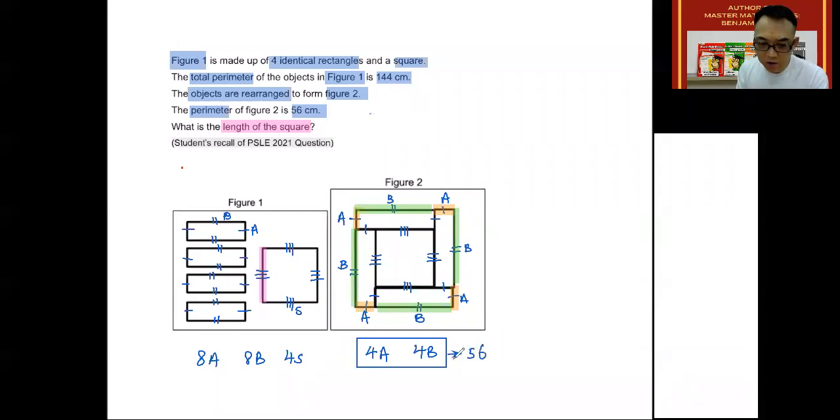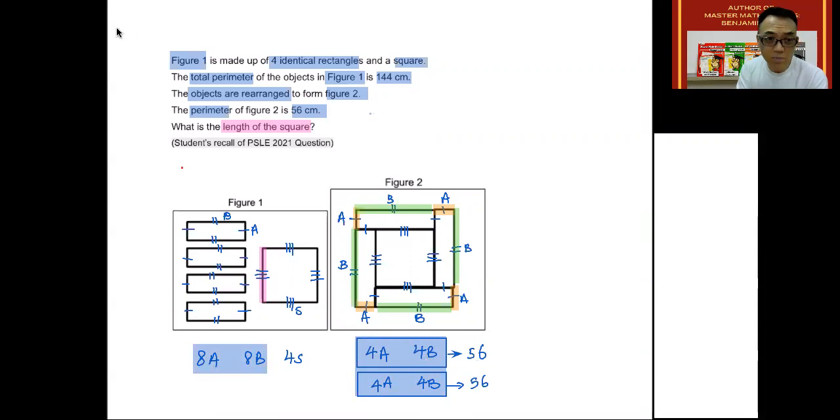If this has a value of 56, then another of the same would also have a value of 56. Now, if you were to add all this together, you will get 8 A's and 8 B's.